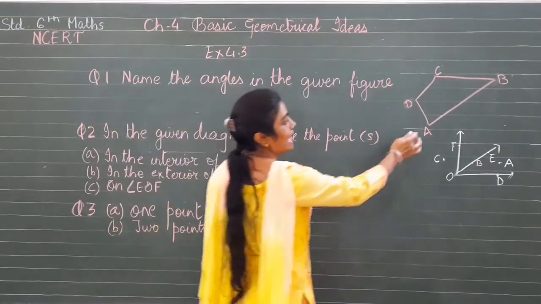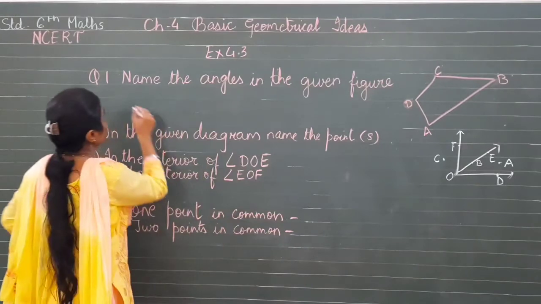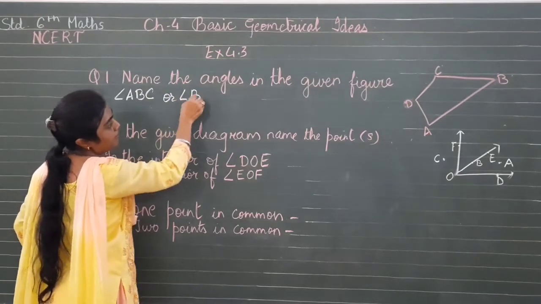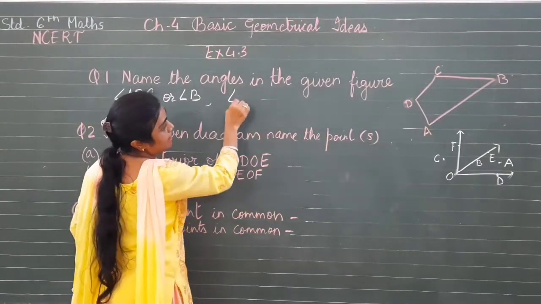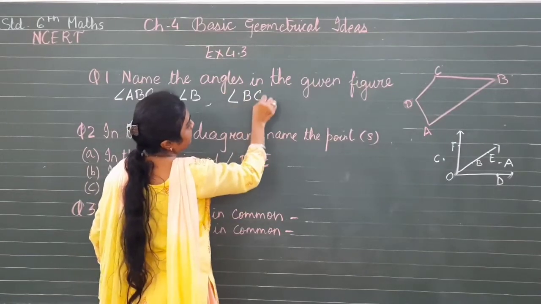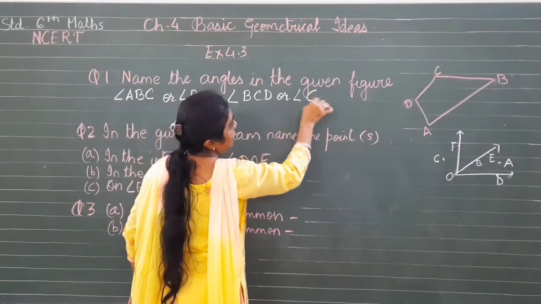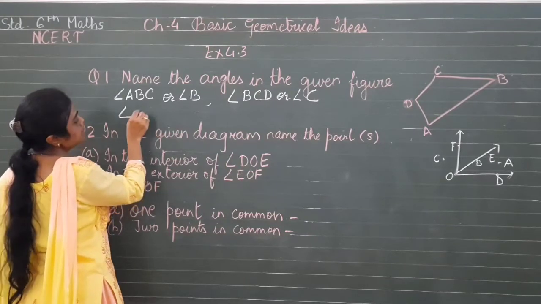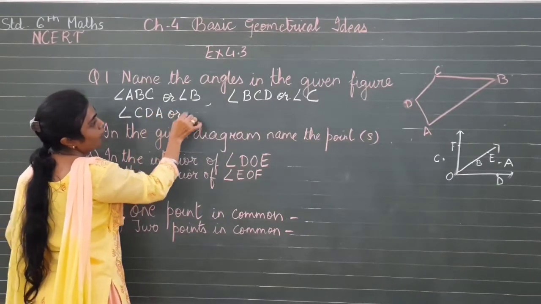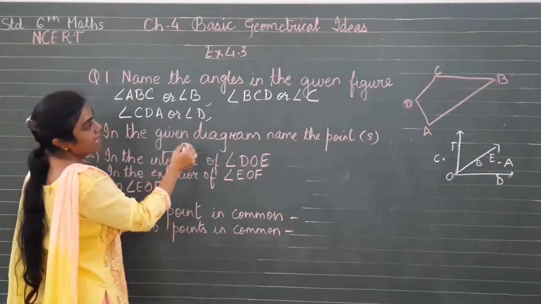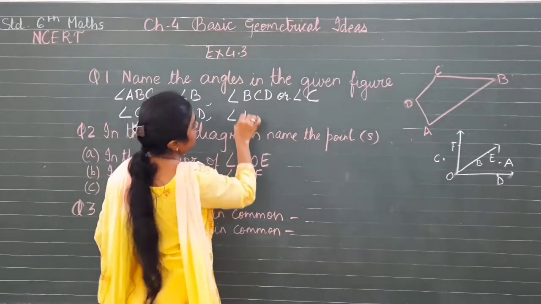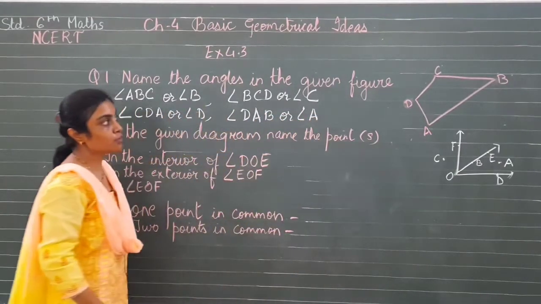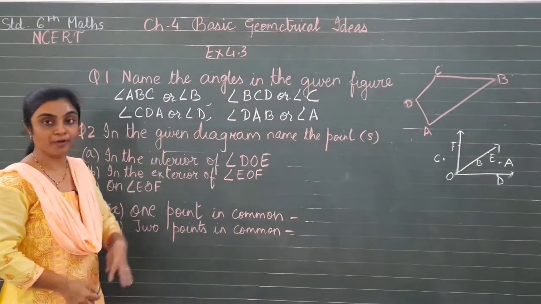So we will start with angle ABC, or we can say angle B. Then angle BCD, or we can say angle C. Then angle CDA, or angle D. And next angle DAB, or angle A. So this way we can form the angles from the following figure.